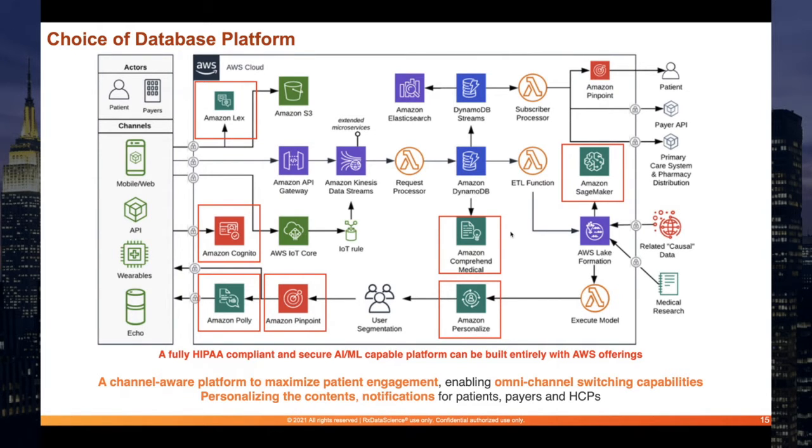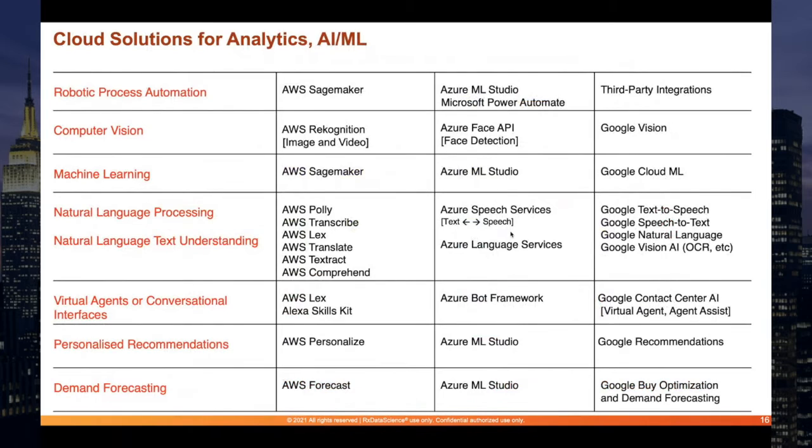So it basically goes to show that you can analyze these records, you can do pretty complex analytics with just the resources that you can get on the web via the cloud. And this is a slide that gives you different tools and products available in AWS, Microsoft Azure, and Google for areas like robotic process automation, RPA.